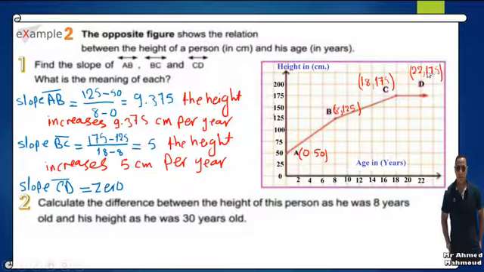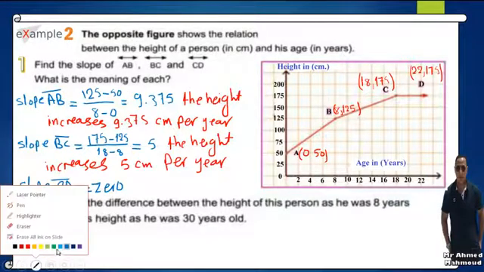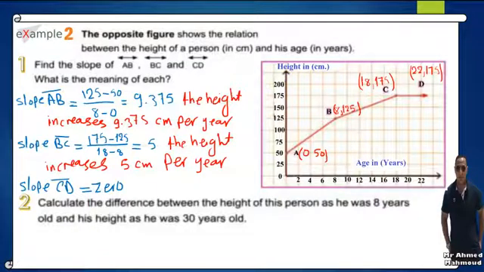Again, it equals 175 minus 175 over 22 minus 18, which is 0. That means the height is constant, because when he was 18 years it was 175, when he was 20 years it was 175, and when he was 22 years he was 175. It's a stable area.